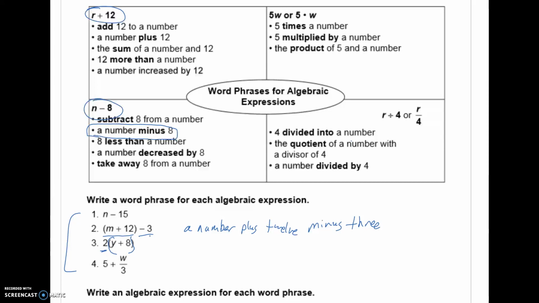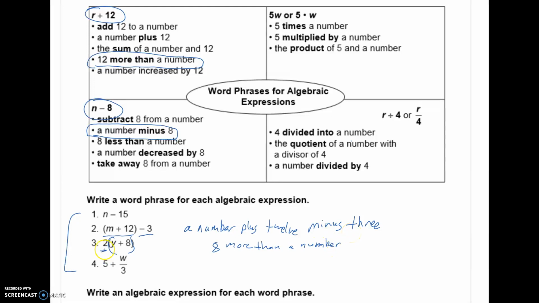I would suggest starting with whatever's in parentheses, just so you can have that first part and follow the order of operations. So if we have y plus 8, we might say, let's use this one here, more than a number. So we can write 8 more than a number.